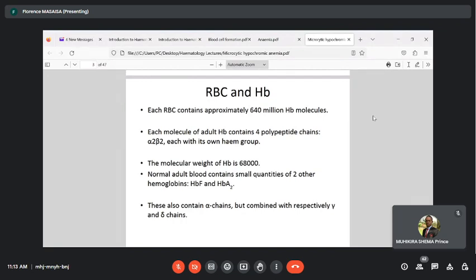Normal adult hemoglobin also contains small quantities of fetal hemoglobin and hemoglobin A2, which also have some different chains.